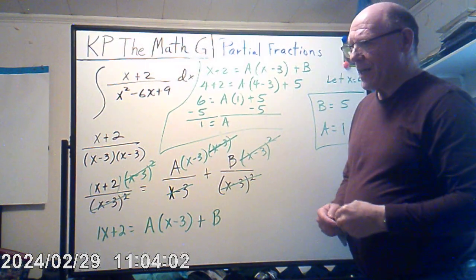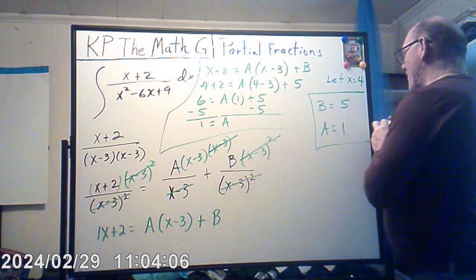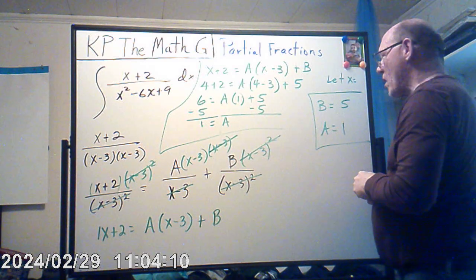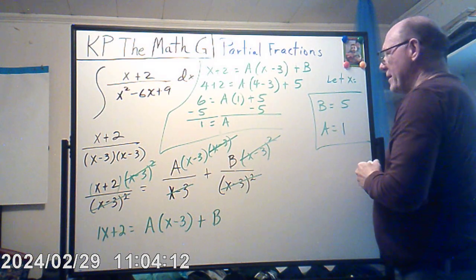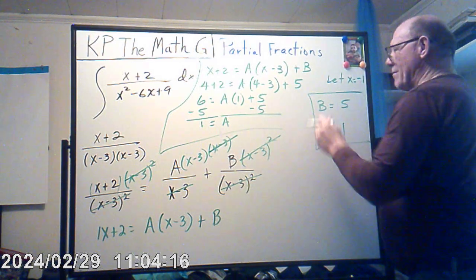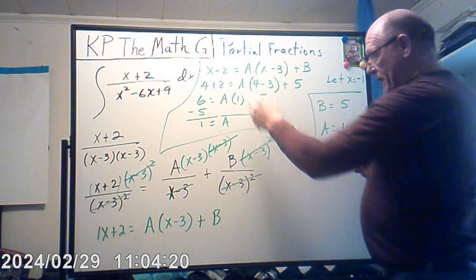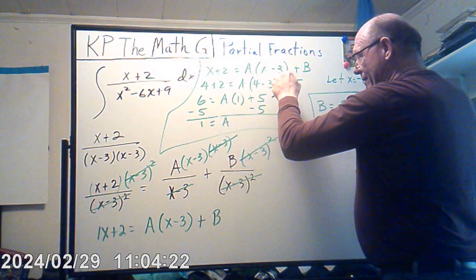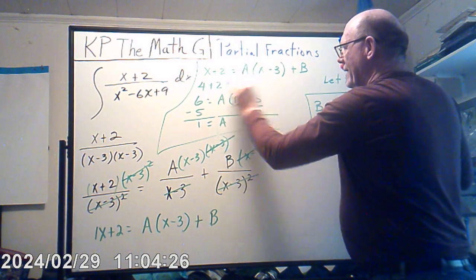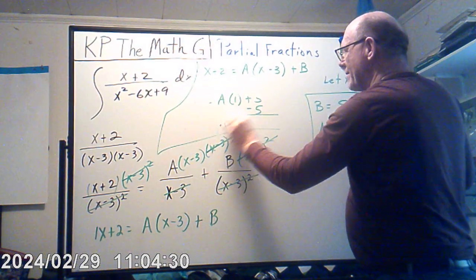Somebody may ask, well, KP to Math G, if I let x be something else, say, let's let x be negative 1, will I get the same thing? Well, of course, we're saying this side is equal to this side, so it better work out.